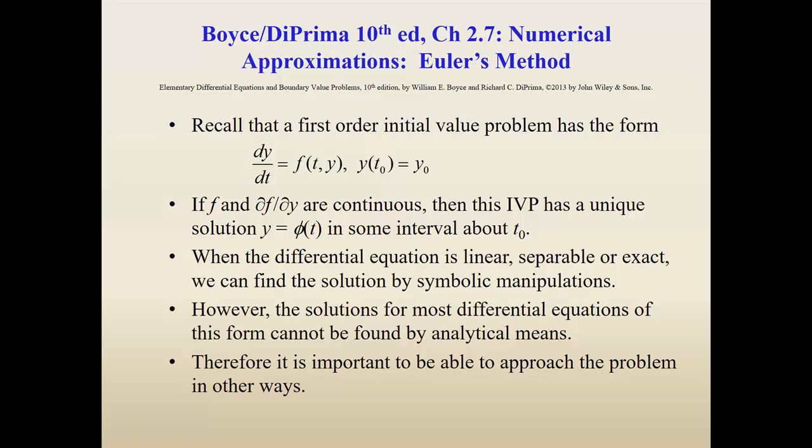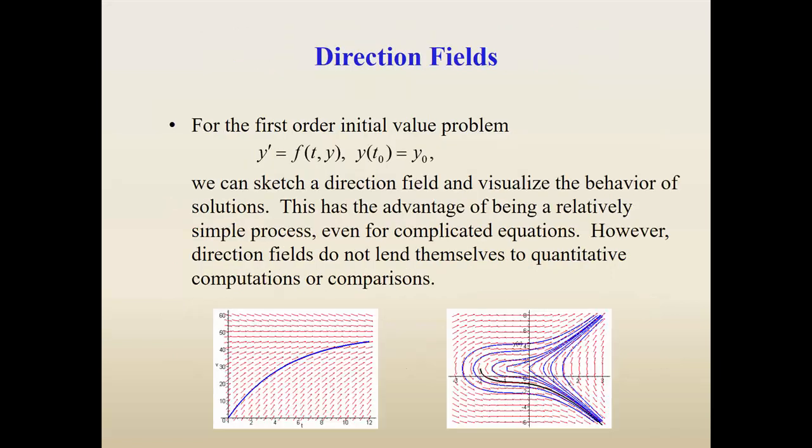That's important because if we have that, we know we're going to get a solution. But here's the problem. Sometimes we aren't going to be able to solve it with our typical analytic techniques. So earlier on in chapter 1, we talked about the idea of direction fields. The first equation and the second equation you see there are both maybe solvable.